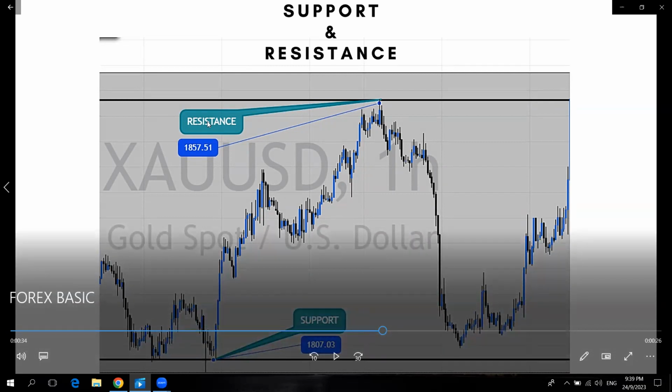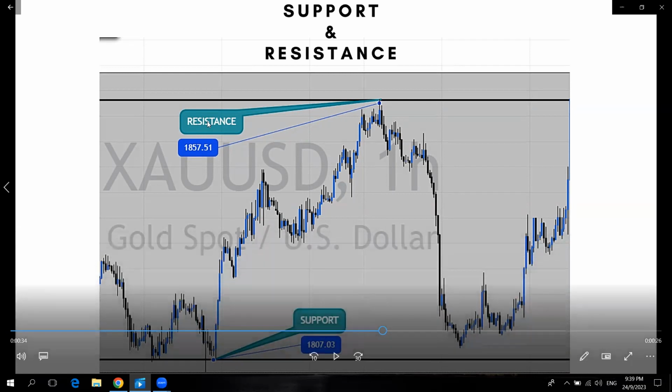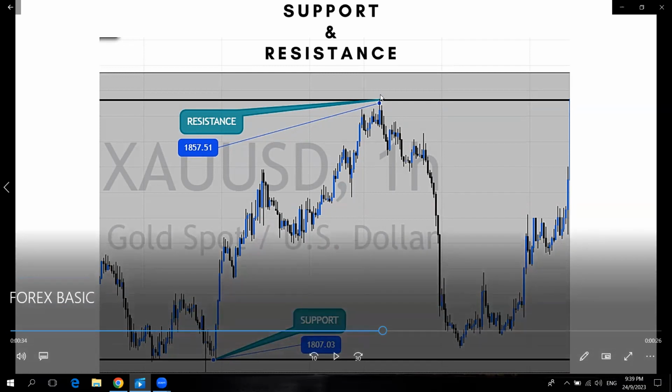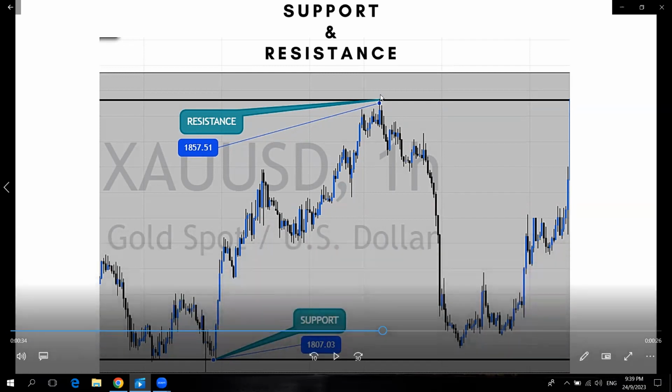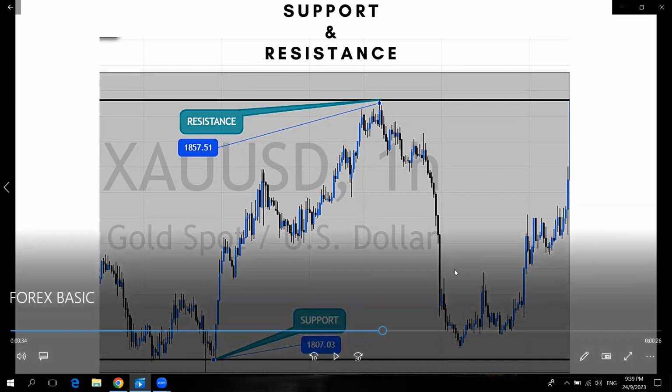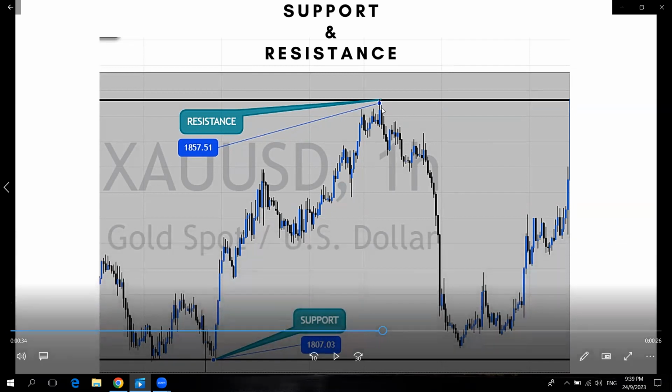Let me cover resistance first. Let's say, for example, price reaches resistance, which is the line I have drawn here, and you see price reversing and coming back down with a strong movement. That is an area we can call resistance, which means that price has reached that area, but it cannot go beyond that area for that particular time period.